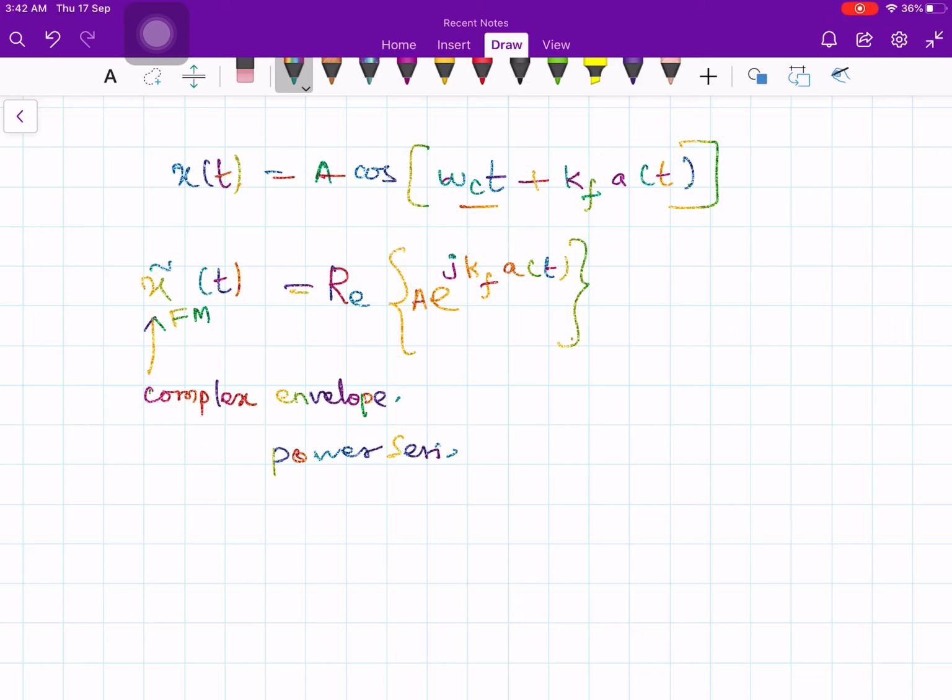Recall the power series: e to the x equals 1 plus x by 1 factorial plus x squared by 2 factorial, and so on and so forth.